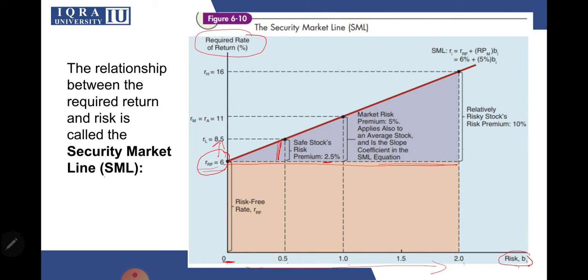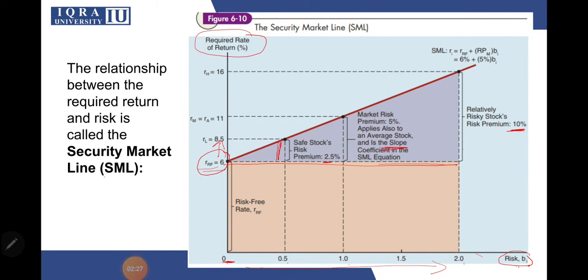We'll come back to the slope of the SML equation, that what does it tell us. And over here, once you have the beta coefficient of 2, the required rate of return is now 16%. So the market risk premium is now 10%. So the risk premium is going to be more for relatively more risky stocks.